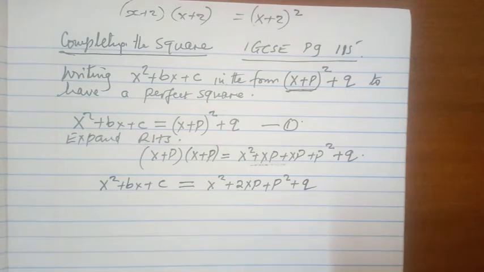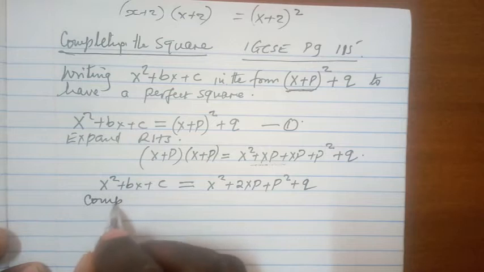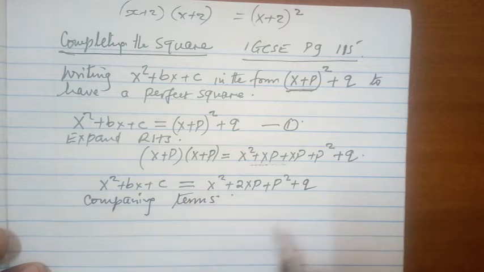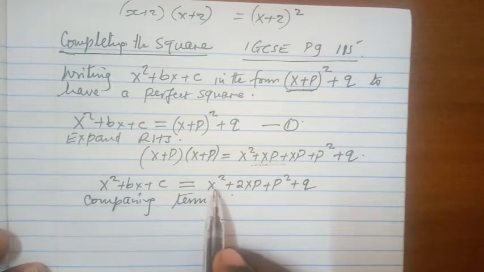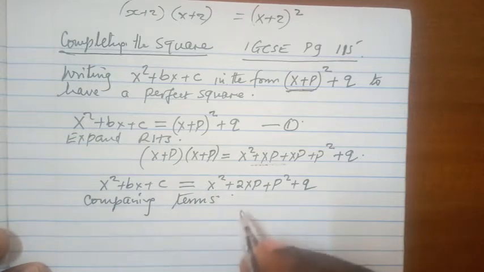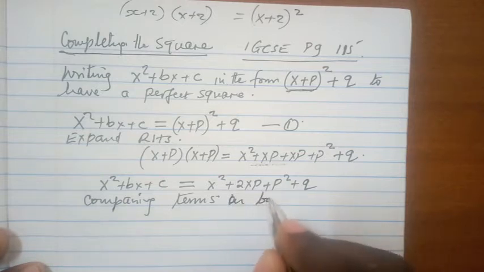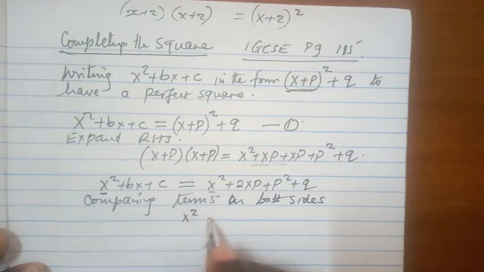At that point, we would wish to talk about comparing terms. Anything that has to do with x squared is equal to anything that has to do with x squared, so comparing terms on both sides, this x squared is exactly equal to x squared, and there's no problem with that.